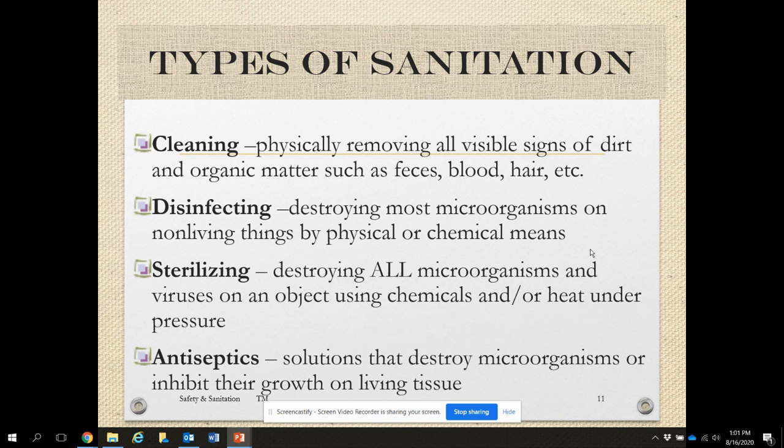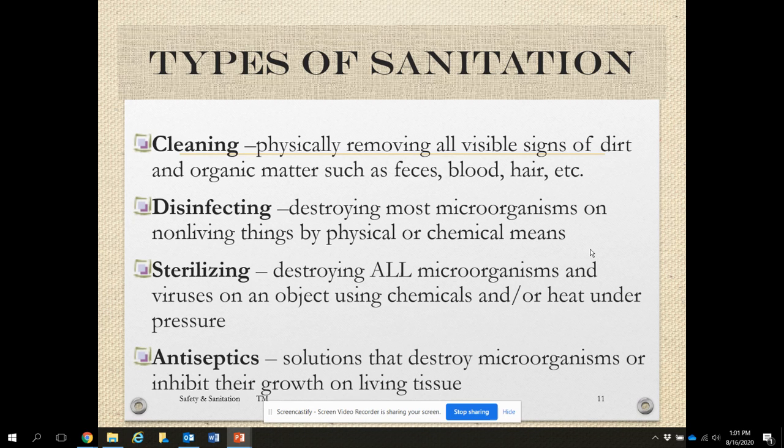Types of sanitation. So we have cleaning, disinfecting, sterilization, and antiseptics. So cleaning is just physically removing of that debris, whether it's dirt or feces or blood or hair. Disinfecting is destroying most of the microorganisms on a non-living or physical animal by physical or chemical means.